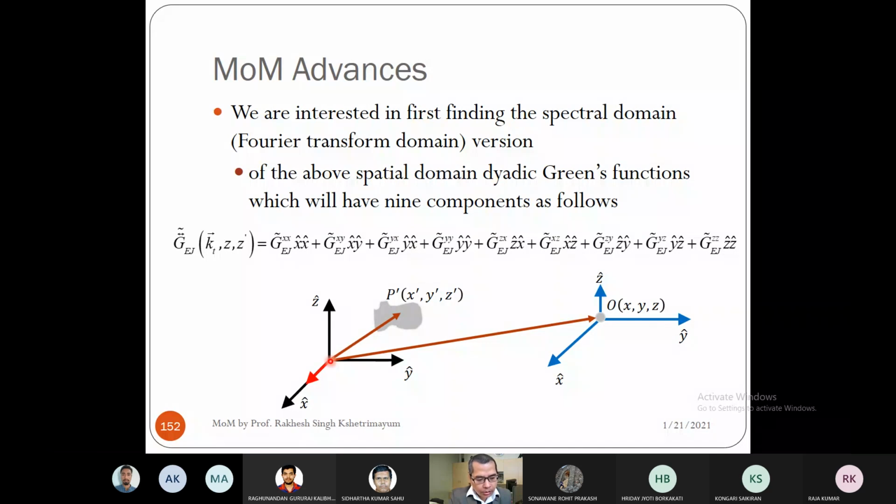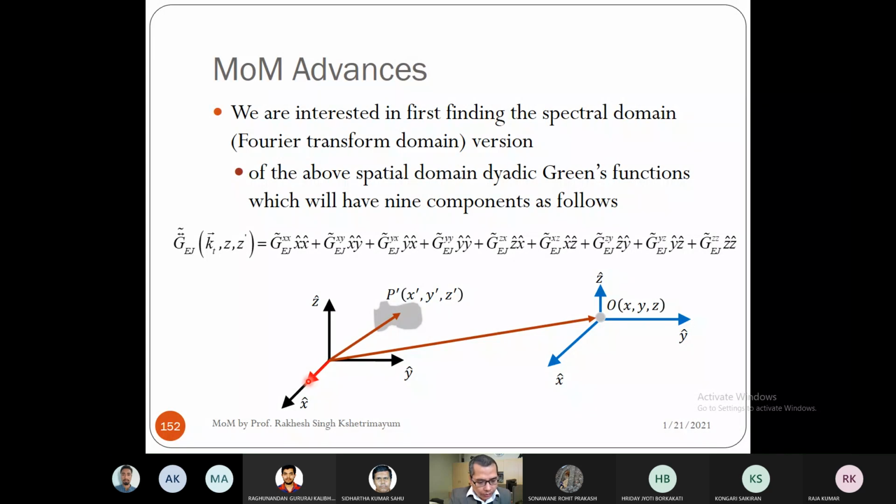Let's say I have a source at the origin, I have shown it at an arbitrary point, and this source is a delta function directed along the x direction. So x hat means the unit vector along the x-axis, y hat means the unit vector along the y-axis, z hat means the unit vector along the z-axis. Assume an arbitrary source located at the origin, a delta source directed along the x-axis.